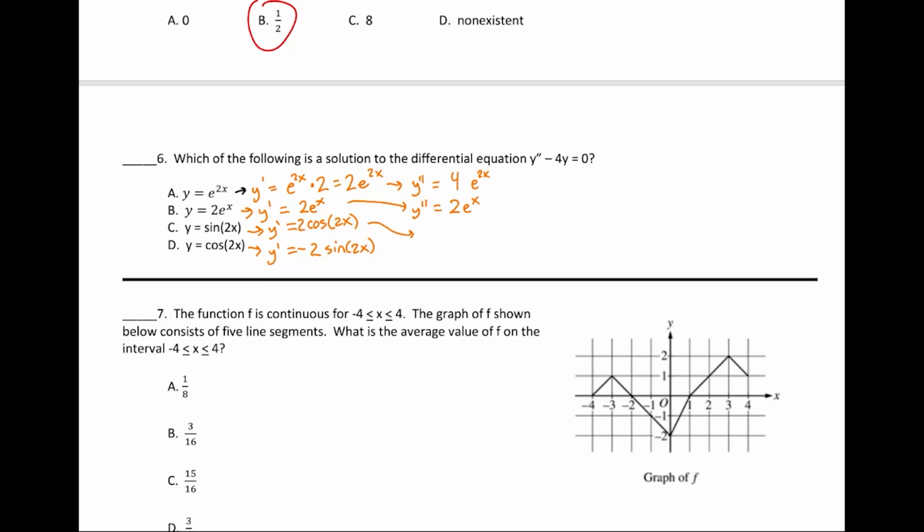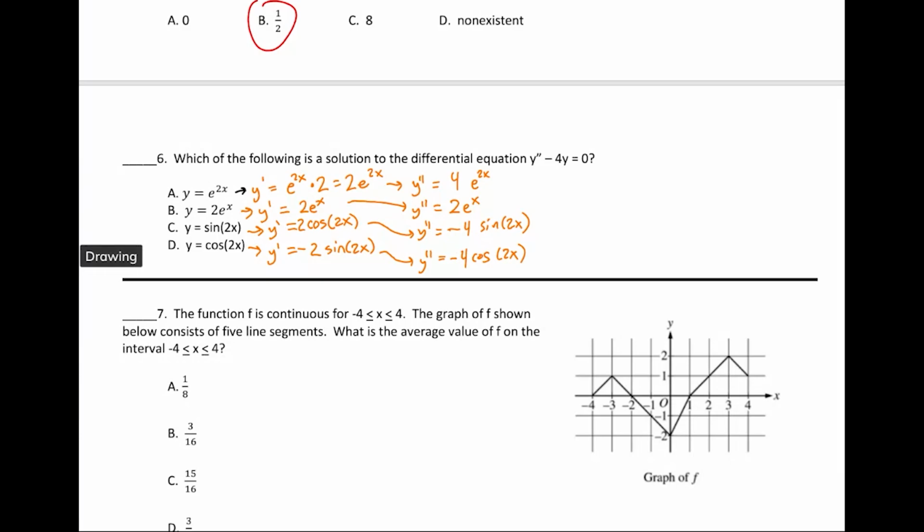The derivative of 2 cosine 2x: derivative of cosine is negative sine, so we're going to have negative 2 sine of 2x, and then using the chain rule, we're going to have to multiply by another 2. 2 times 2 is 4. And then finally, the last second derivative: derivative of sine is cosine, so we just have negative 2 cosine of 2x times 2, and negative 2 times 2 is negative 4.